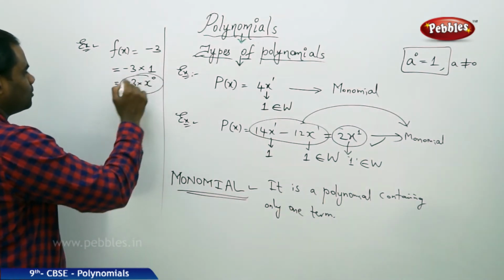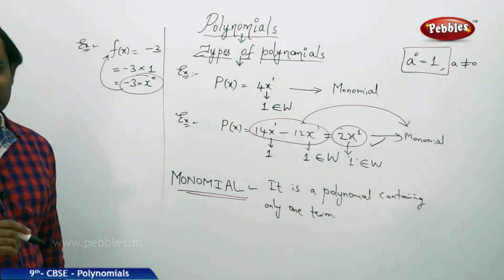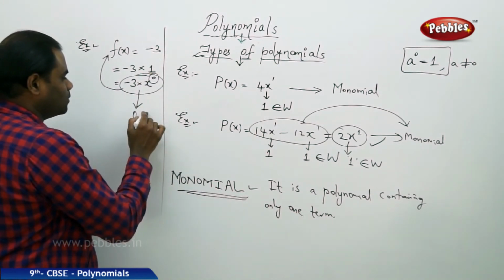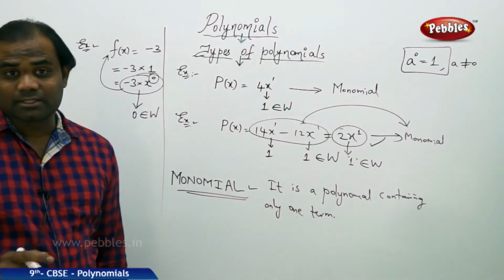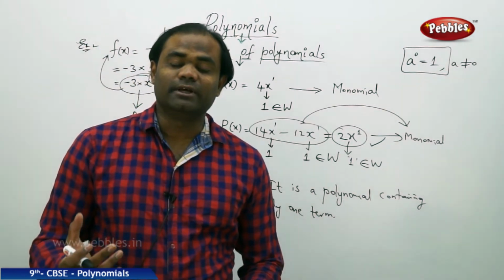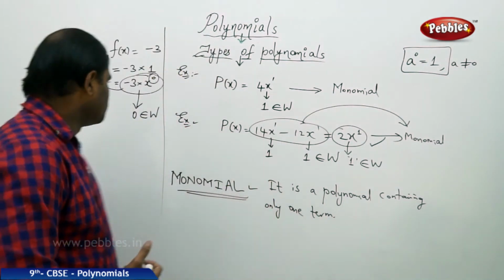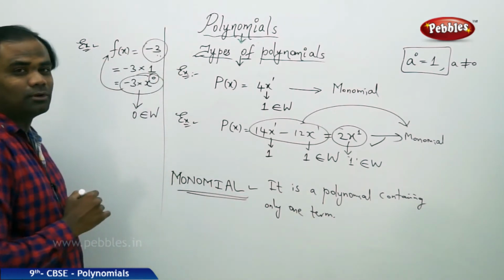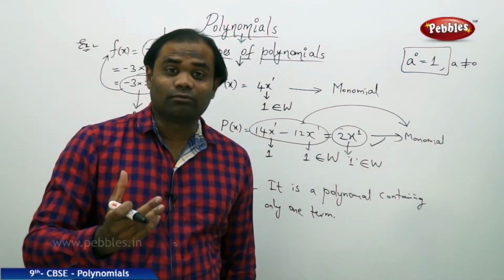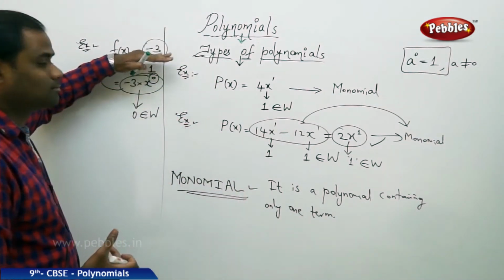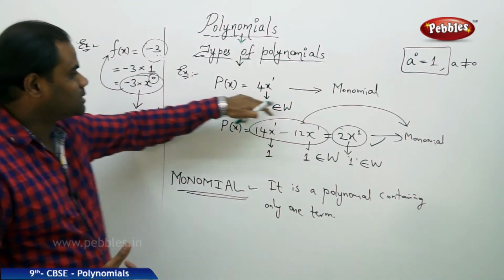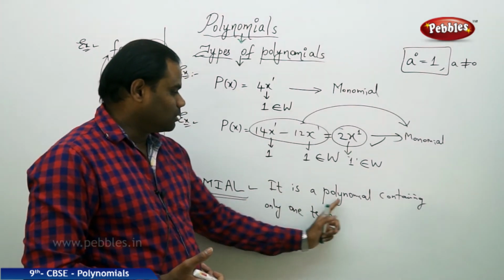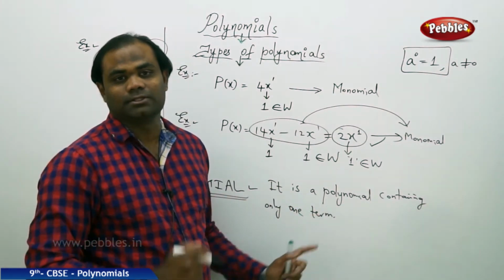So this is the polynomial indirectly for f of x. This is a polynomial because the power of x, which is 0, belongs to whole numbers, and thus satisfies the condition of the definition of a polynomial. So minus 3x power 0 is a polynomial. So indirectly, minus 3 is a polynomial, and it is a polynomial of one term because I have only one term here, and therefore this is a monomial based on the definition that a monomial is a polynomial containing only one term.